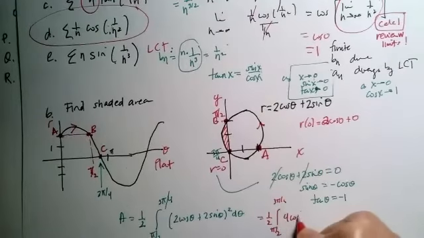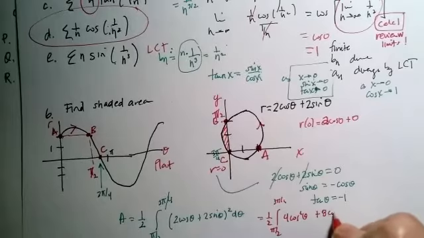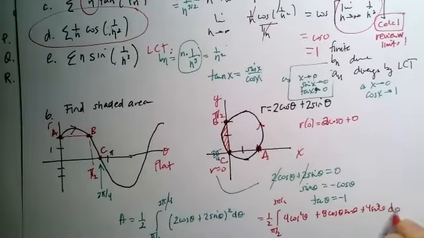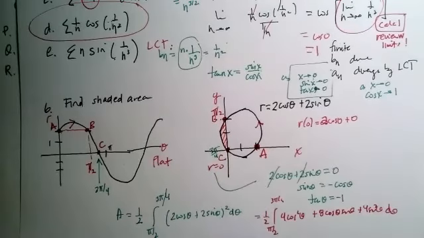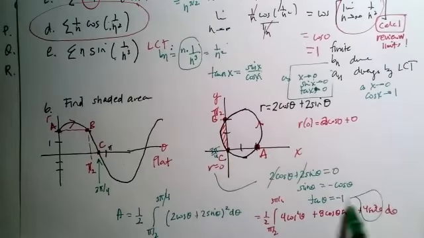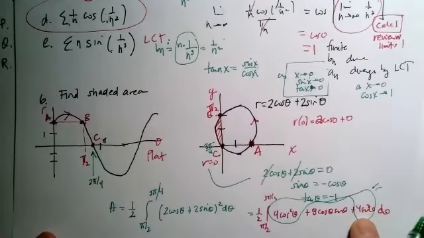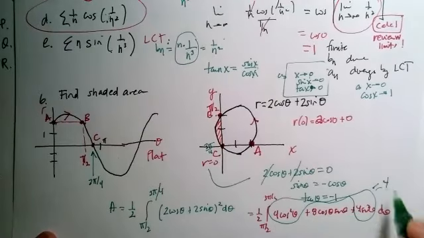So we'll have 4 cosine squared theta plus 8 cosine theta sine theta plus 4 sine squared theta d theta. Okay, what do these two guys give us? 4 cosine squared plus 4 sine squared times 4, which is 4, right?